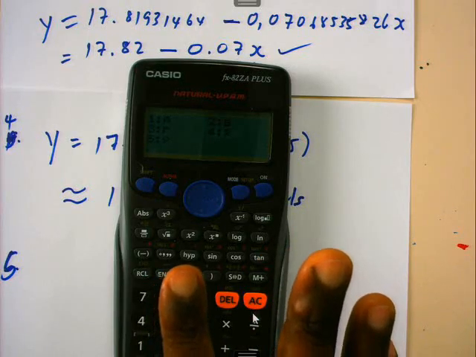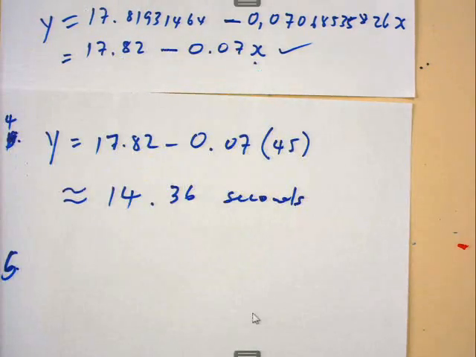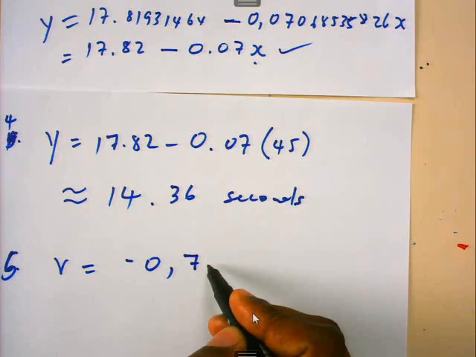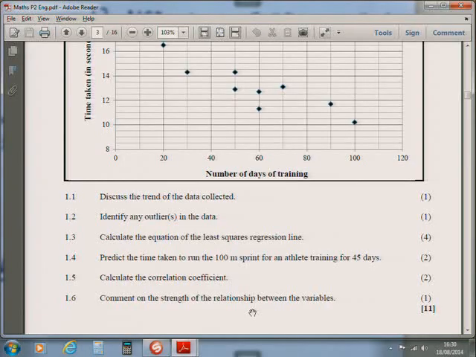Can you see R appearing on the screen? 3 is equals to. So we write therefore that R is equal to negative 0.74. The question said calculate the correlation coefficient. We have just simply calculated it there.